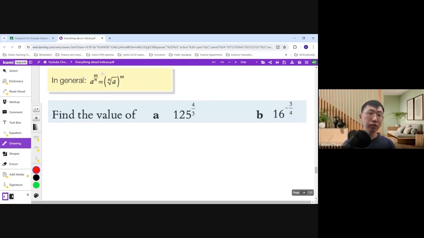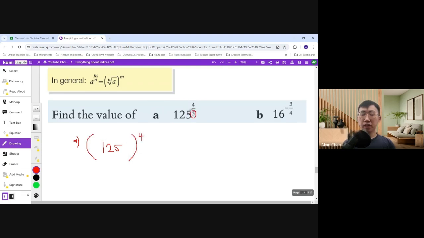In general, the number at the top is going to be for outside of the bracket. The number at the bottom is for the root. So let's try to learn this question. Okay, first thing first, I can see that it's a positive power, so that's good. Straight away copy 125. This one is for the outside of the bracket. So let's put a 4 outside.